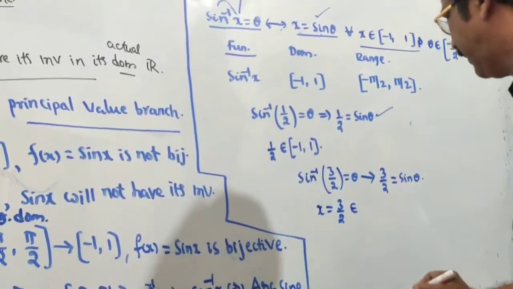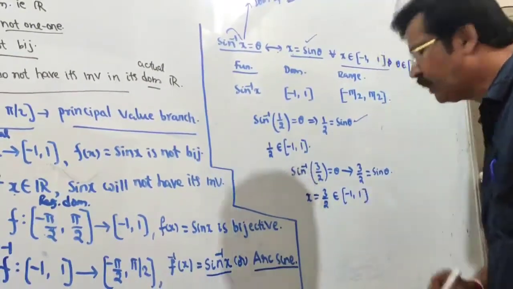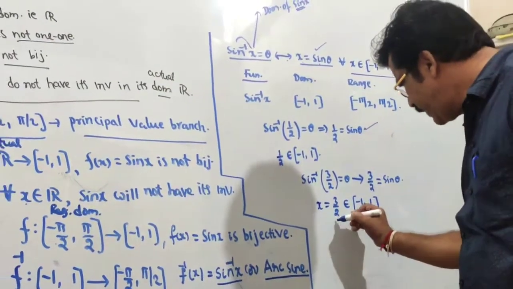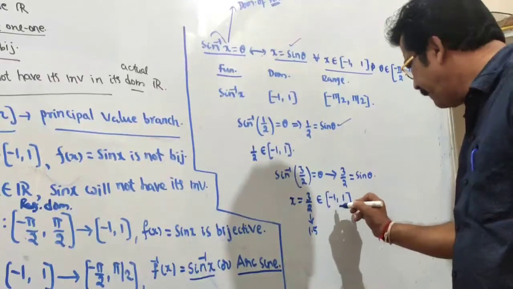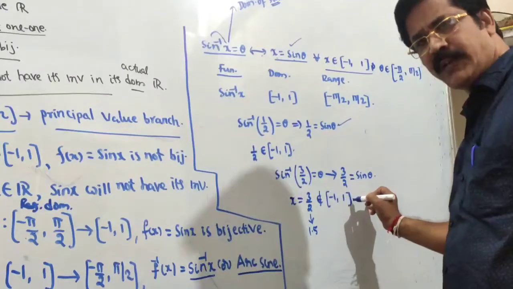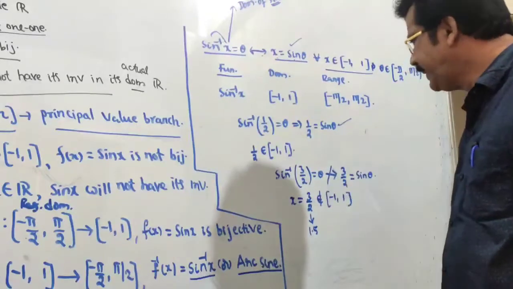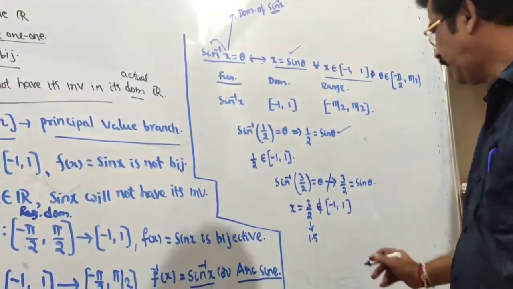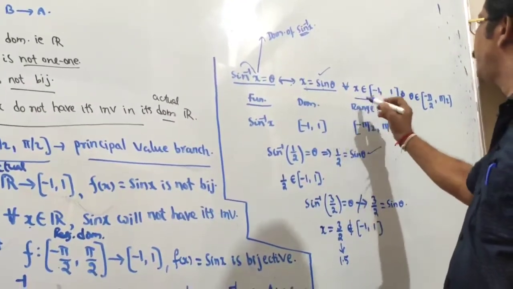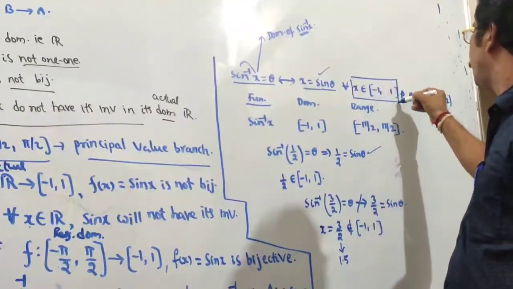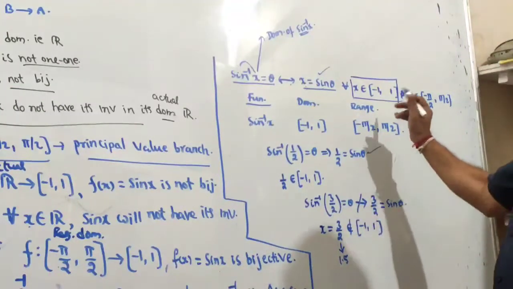First question yourself, does it belong to the closed interval of minus 1 comma 1 or not? Here 3 by 2 is 1.5, but 1.5 does not belong to the closed interval of minus 1 comma 1. Therefore we should not write like that. So before using this formula, we must verify whether x belongs to the closed interval of minus 1 comma 1 or not. That's all.